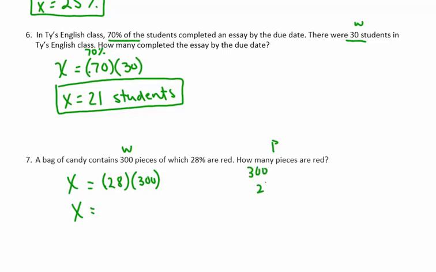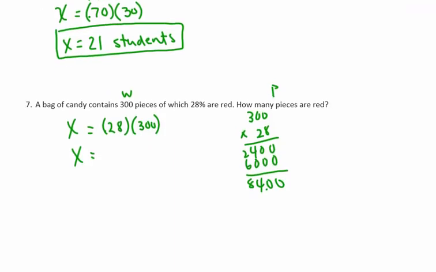I forgot to bring my calculator with me, so I'll do this real quick. So 84 pieces are red. So 84 represents 28% of 300.